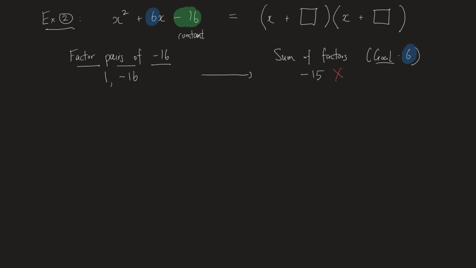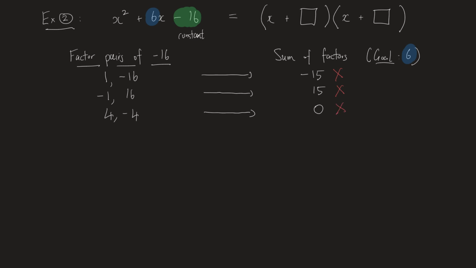Well, okay, the other easy factor pair I could check would be negative 1 and 16. Those certainly multiply to negative 16, but when I add them, I get positive 15 this time. Again, not what I'm looking for. I want the sum to be 6. Now, if I'm methodical and check all my factor pairs, okay, so I could check 4 and negative 4, those sum to 0.